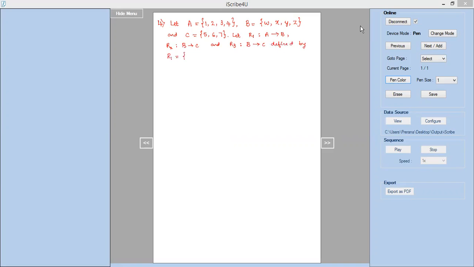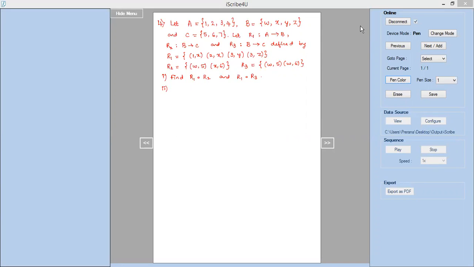R1 equal to {(1, x), (2, x), (3, y), (3, z)}, and R2 be the relation defined as {(w, 5), (x, 6)}, R3 be the relation defined as {(w, 5), (w, 6)}. Then find, first sub question, R1 composition R2 and R1 composition R3.